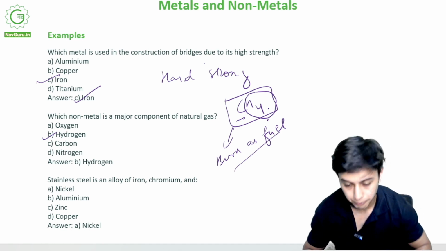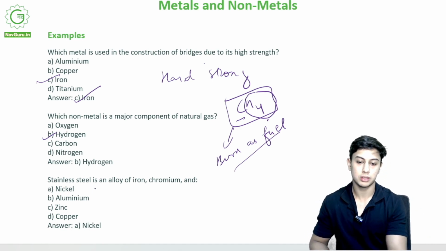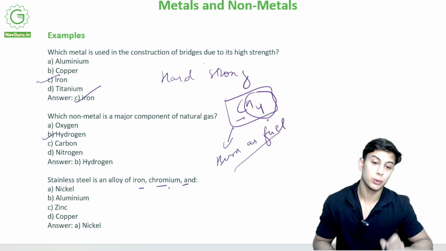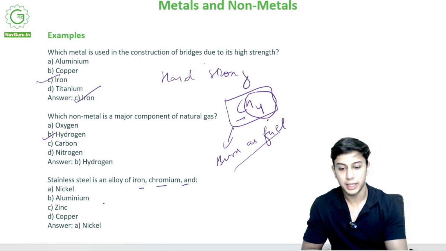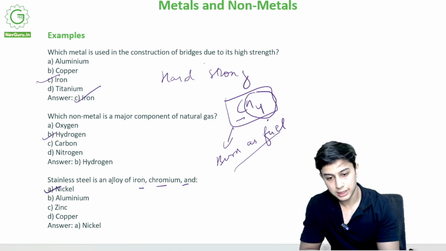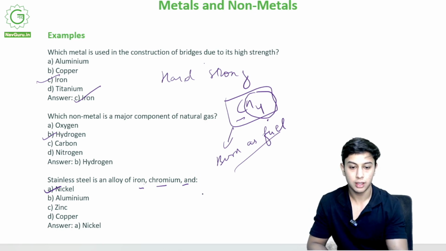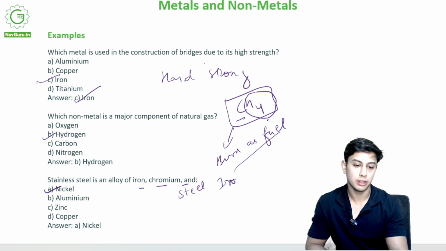Now we come to stainless steel. Stainless steel is an alloy of iron, chromium, and nickel. I told you to remember the compositions thoroughly. What was steel? Iron and carbon.